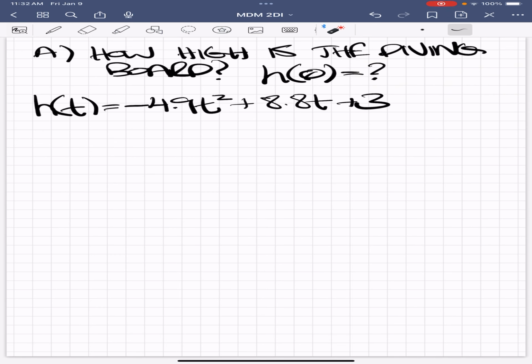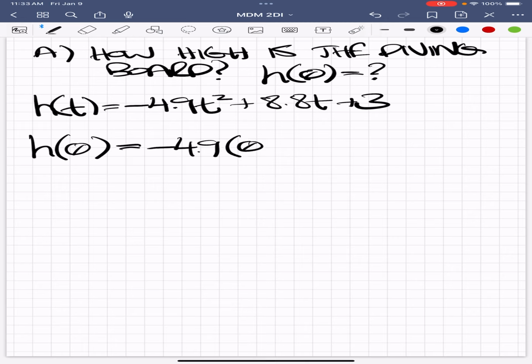Okay, let's begin. So we input 0 into h of t, so it's negative 4.9 times 0 squared plus 8.8 multiplied by 0 plus 3.